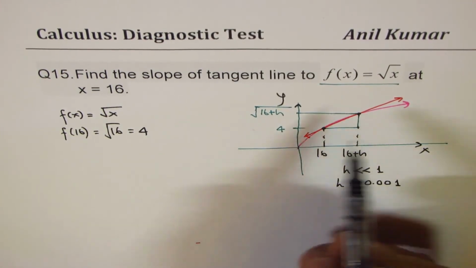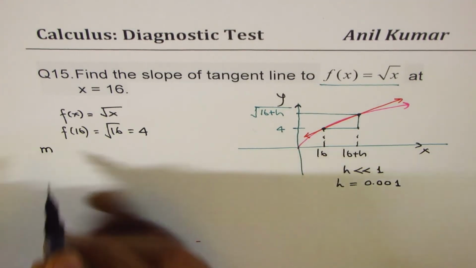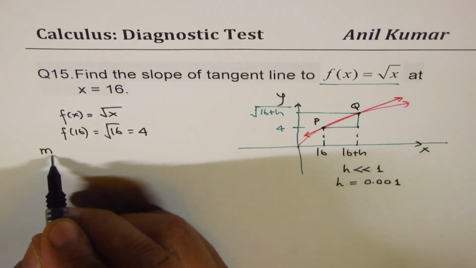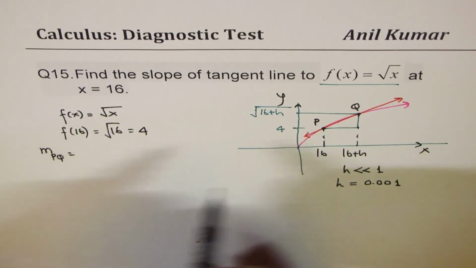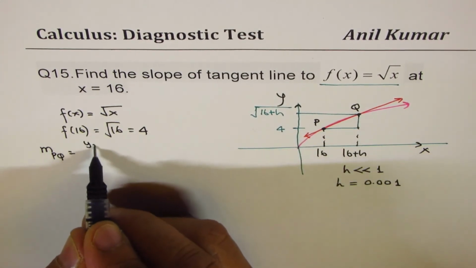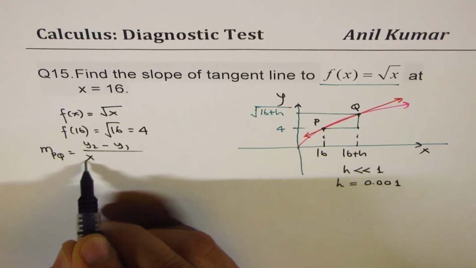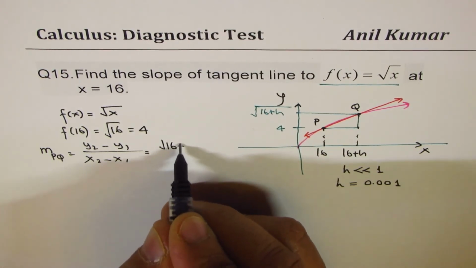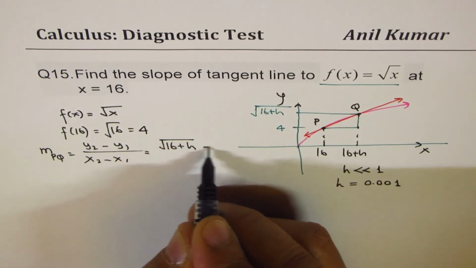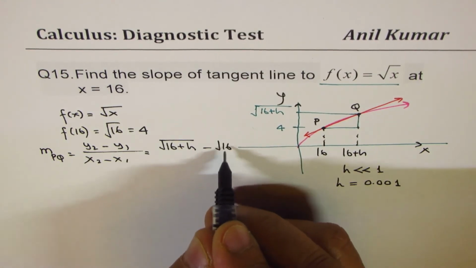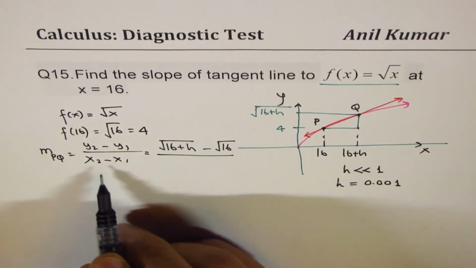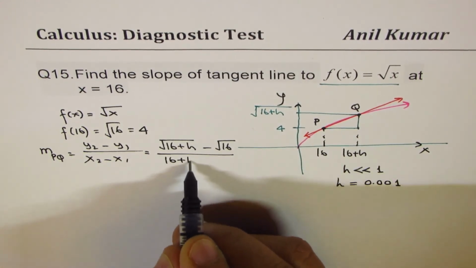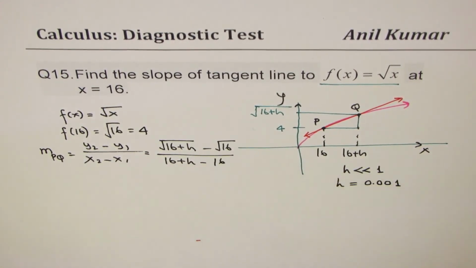So from this figure, we can make out that the slope between a point, let's call them P and Q, P to Q will be y2 minus y1 over x2 minus x1. Now y2 is square root of 16 plus h and y1 is square root of 16. And x2 minus x1, which is 16 plus h minus 16. Does that make sense to you, correct?